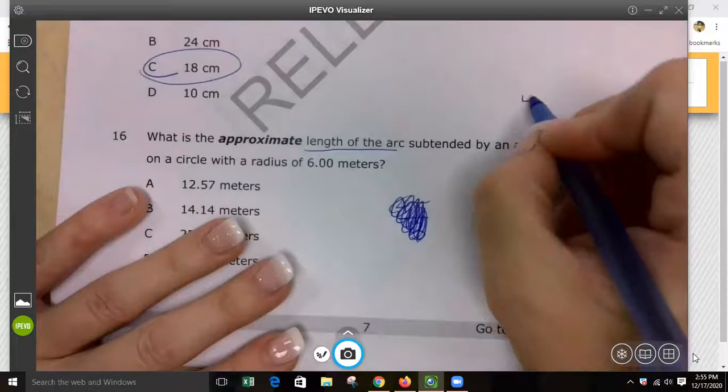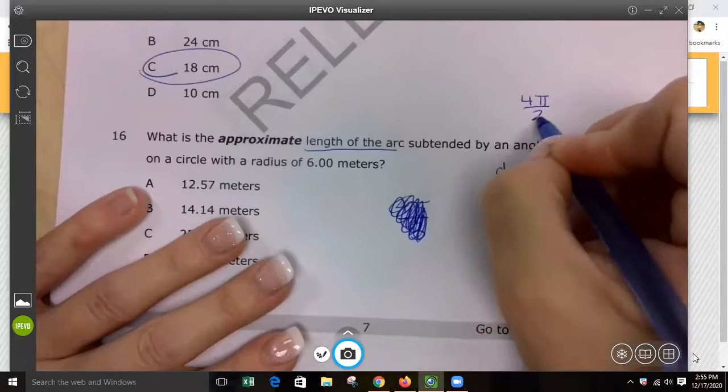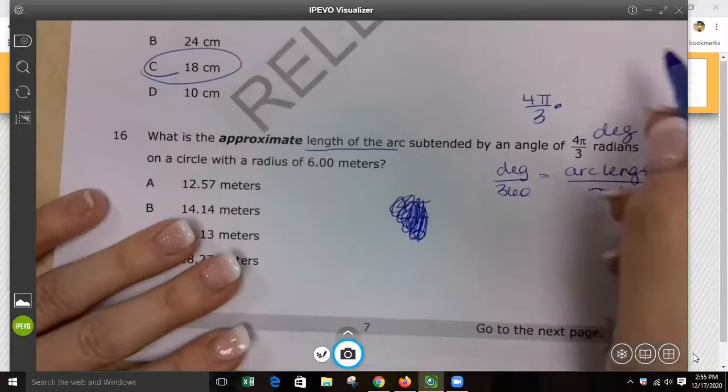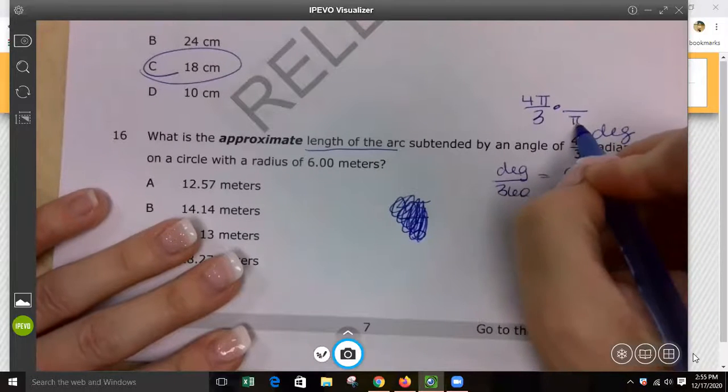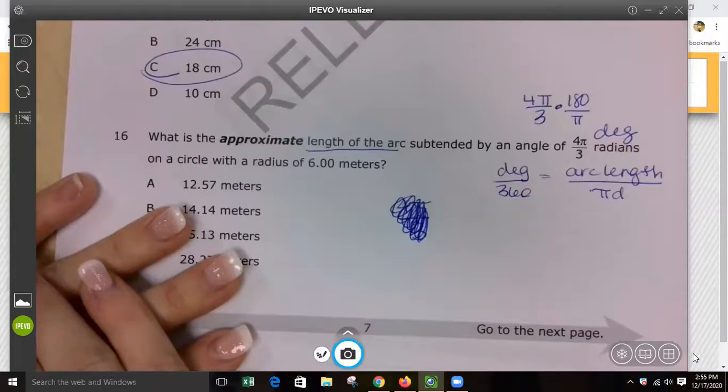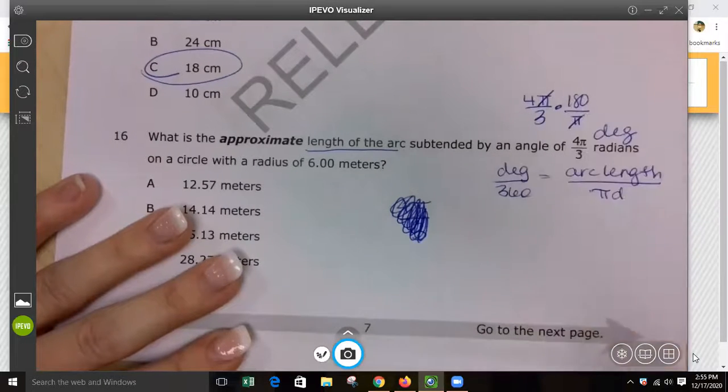So remember, we have 4 pi over 3. To change it to degrees or to change it back and forth, we need to get rid of the pi. So if the pi is on top, we put the pi on the bottom, and then 180 fills the other slot. Okay, so that way your pi's cancel out.